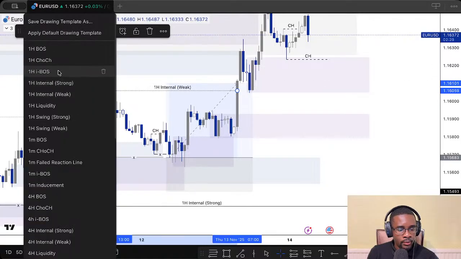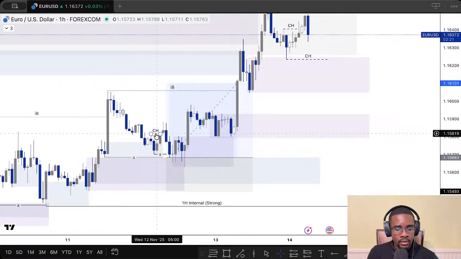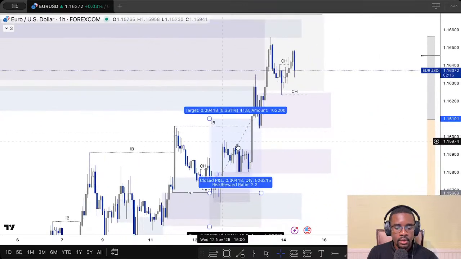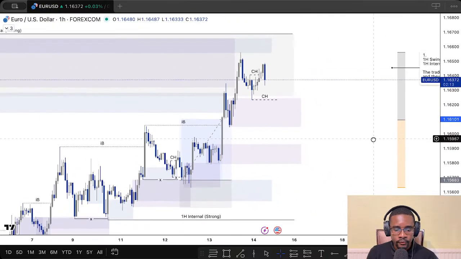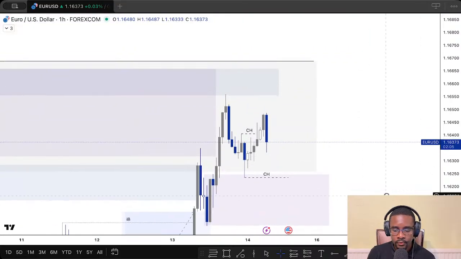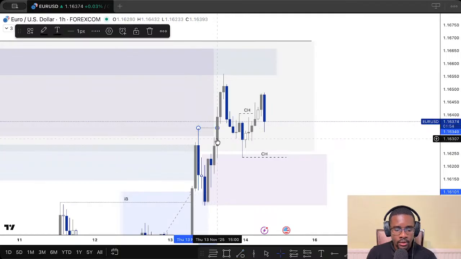Okay, so as it stands, let me update. So that is no longer a weak internal high, but that is an IBOS. Okay, and then I can remove the previous. And then this is another IBOS.